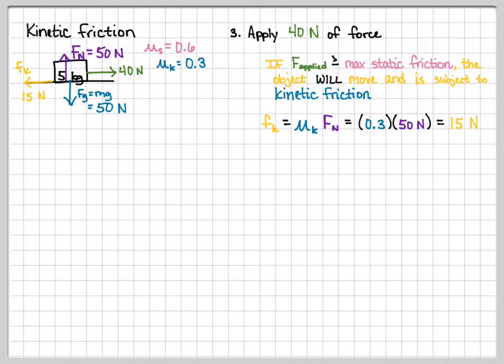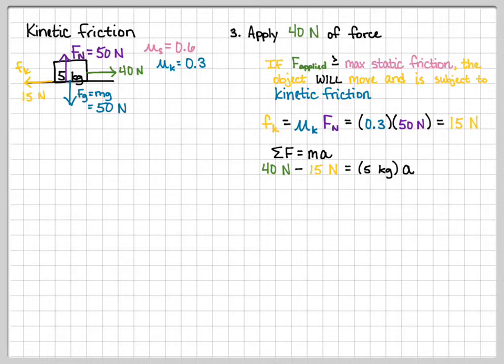I can find the acceleration of my block now using this diagram and Newton's second law. The sum of my forces is equal to mass times acceleration. My pulling to the right is going to overcome friction. We already know this because it's moving. So positive 40 newtons minus 15 newtons is equal to 5 kilograms times the block's acceleration.